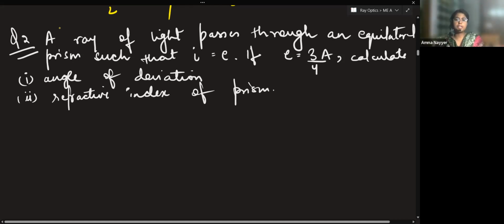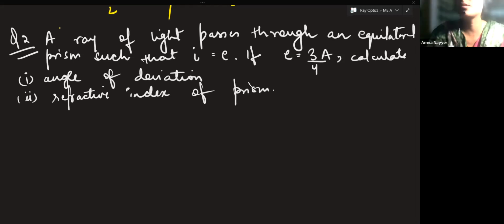So this question says a ray of light passes through an equilateral prism such that the angle of incidence is equal to the angle of emergence. If the angle of emergence is 3 by 4 times the angle of the prism, then you have to calculate the angle of deviation and the refractive index of the prism.